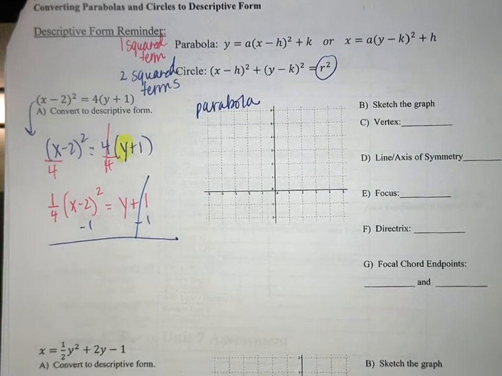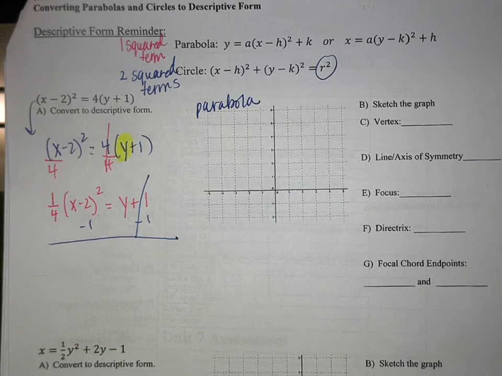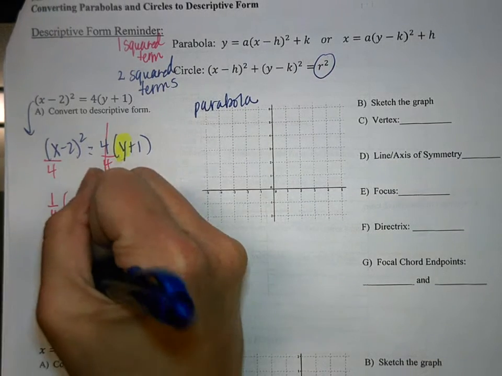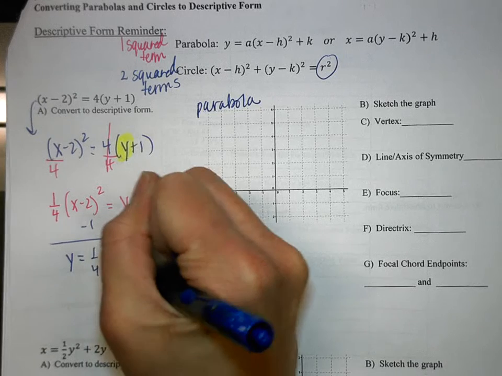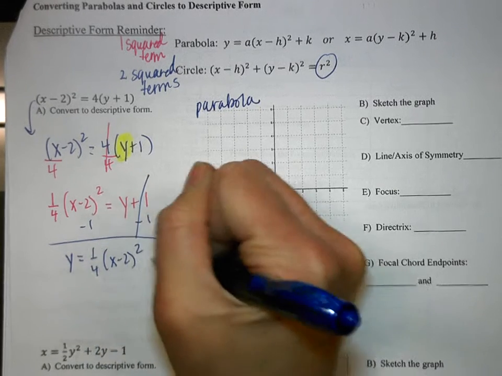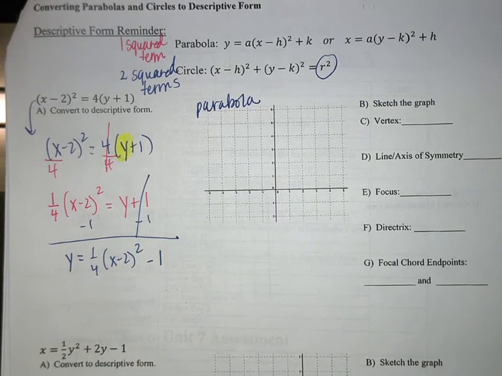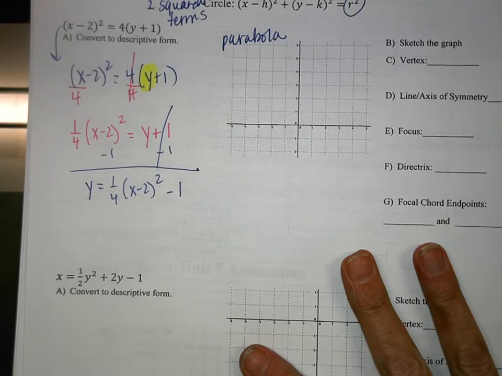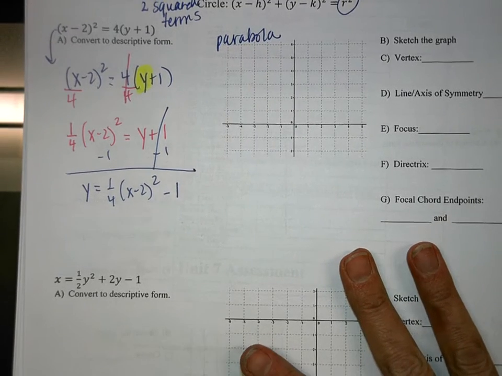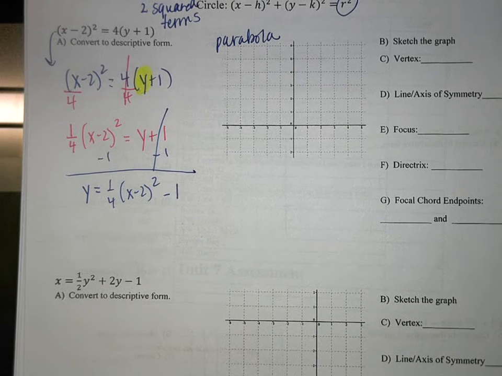When I rewrite this, I'm going to end up flipping the equation and writing the y on the left side. So this is going to be y equals 1/4 (x minus 2) squared minus 1. Are there any questions up to this point right now?